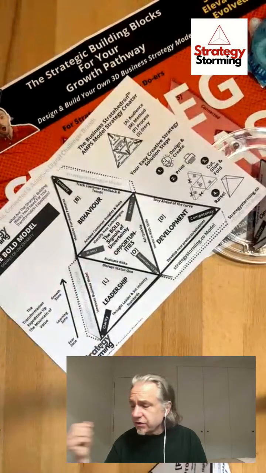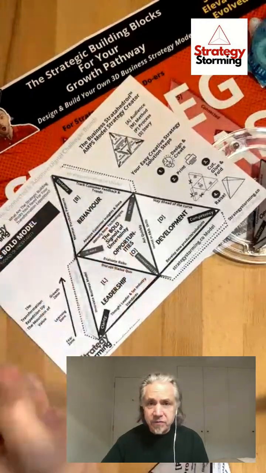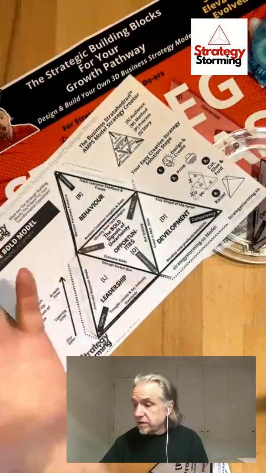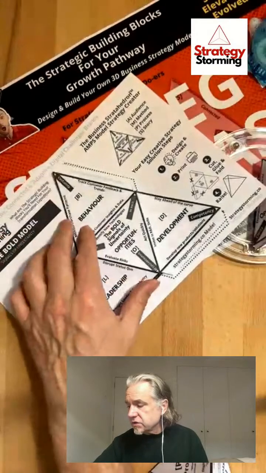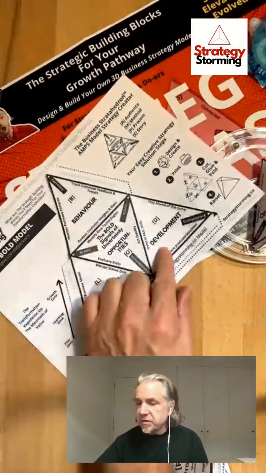And so then we can create one. In this case, we wanted to have a bit of fun with it, so we did one based on the BOLD model: behavior, opportunities, leadership, and development.